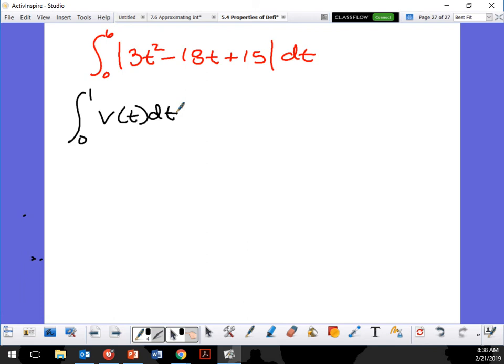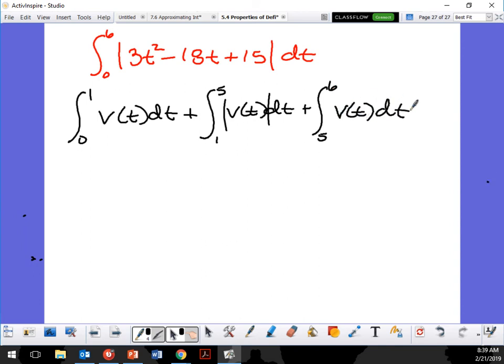And it's going to be plus the next part, which is going to be a negative, right? So it's going to be from 1 to 5 of v of t dt, right? But this piece is going to be negative, so I'm going to take the absolute value of that, plus the next piece, which is from 5 to 6 of v of t dt.